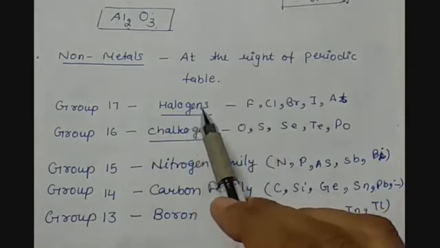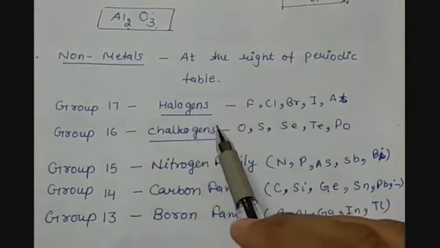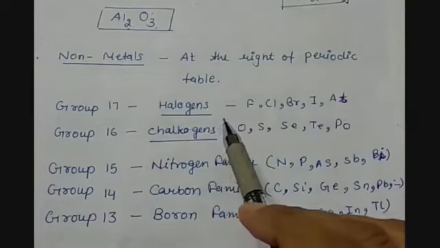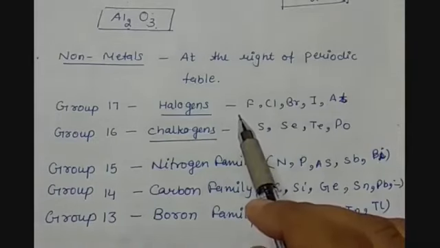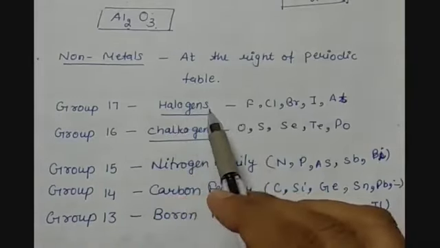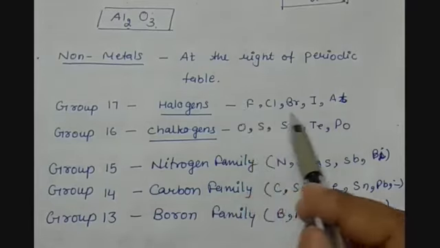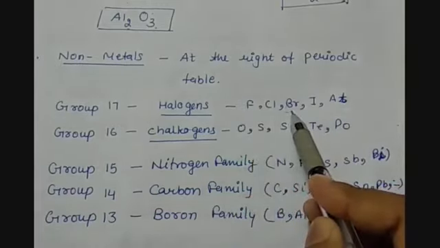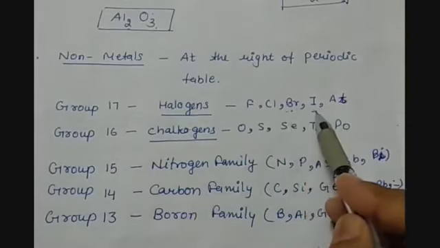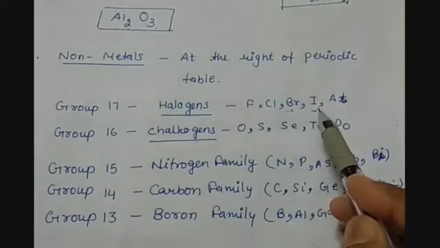They are called halogens because they are the salt producers. They react and they produce salt in most of the reactions. That is why they are called halogens. Among all the halogens, only bromine is liquid non-metal and only iodine undergoes sublimation.